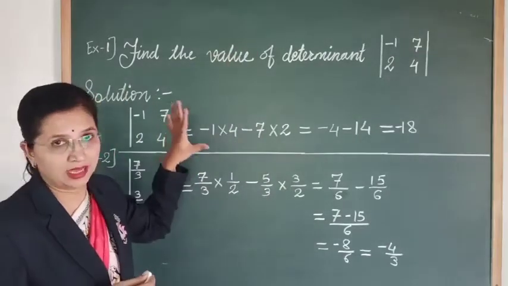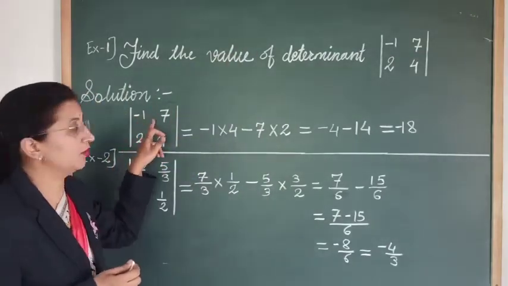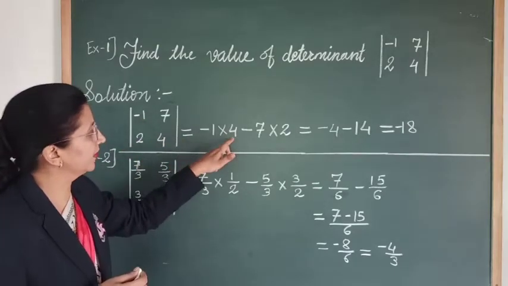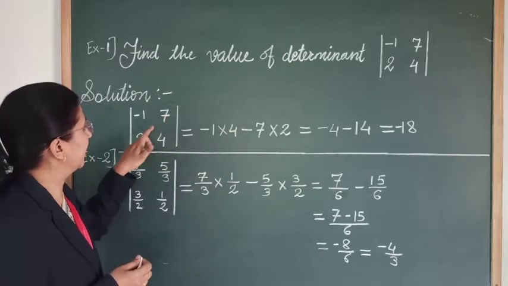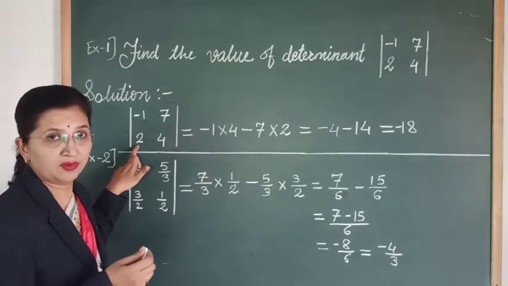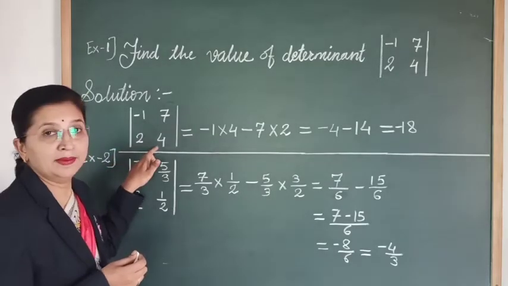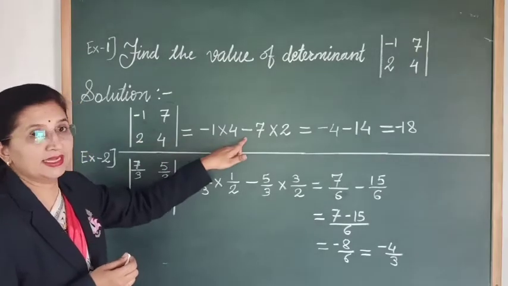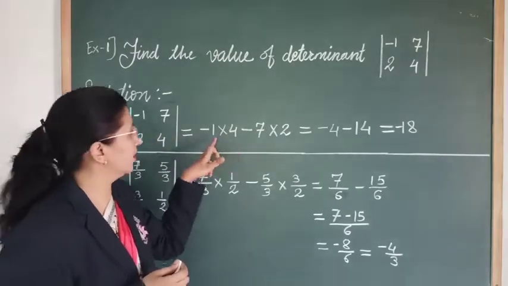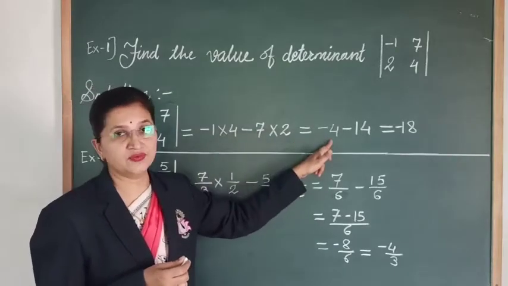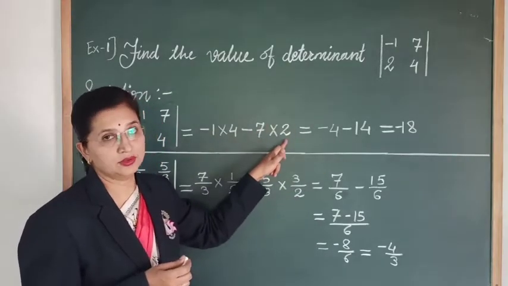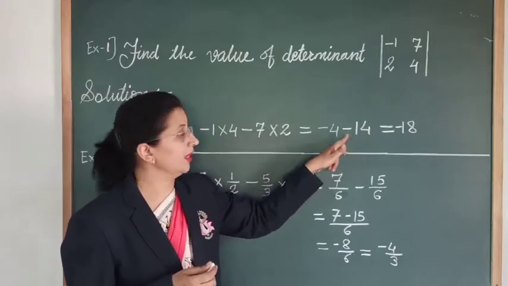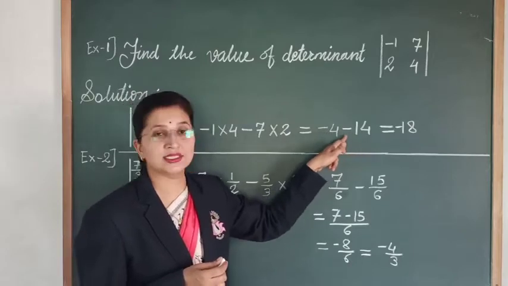As we know, we take the cross multiplication, that is -1 into 4 minus 7 into 2, using the formula AD minus BC. -1 into 4 is -4, and 7 into 2 is 14, so -4 minus 14.